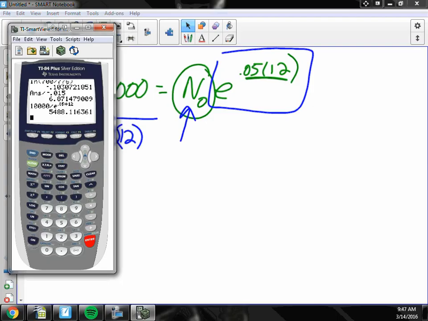In this case, I want to round down to 88, right? What if it was 5,488.9? Which way would you round it? Why would you round it down? These are people.